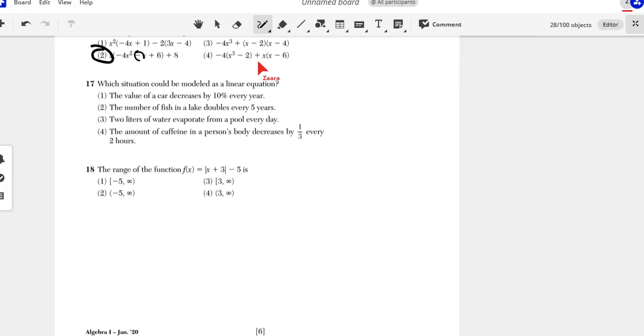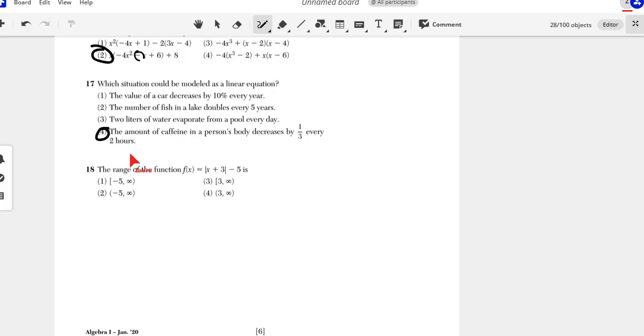Next question, number 17. Which situation can be modeled by a linear equation? I got number 4.